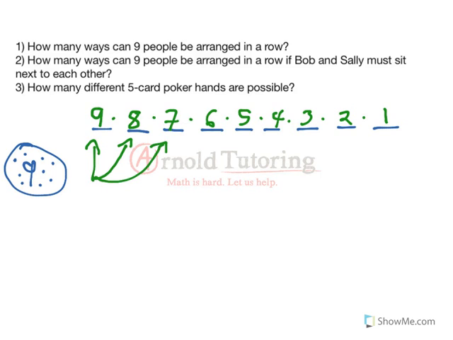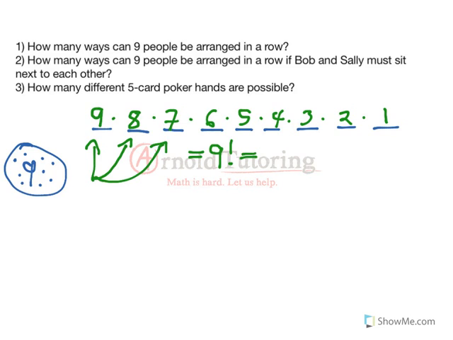In counting problems, whenever we use the word and, that represents multiplication. So another way of writing this is 9 factorial. That exclamation sign on the end means go from 9 and multiply every number down to 1.